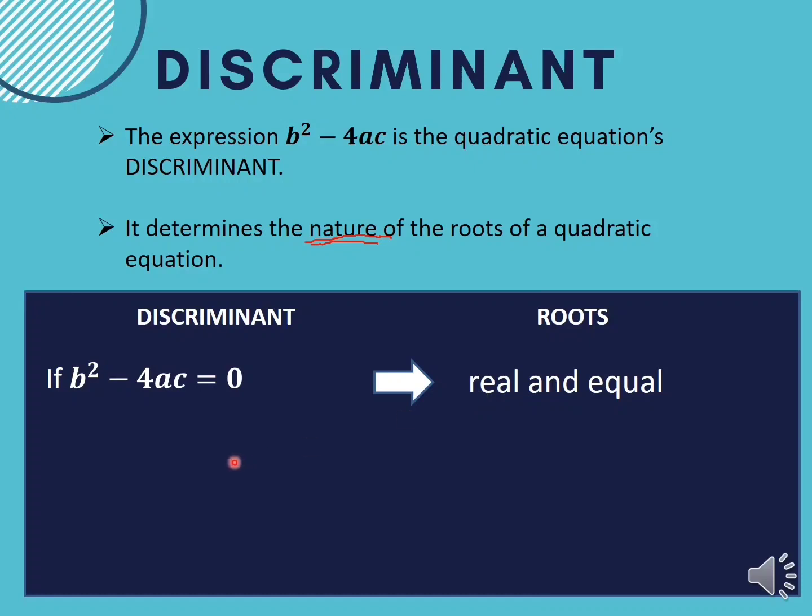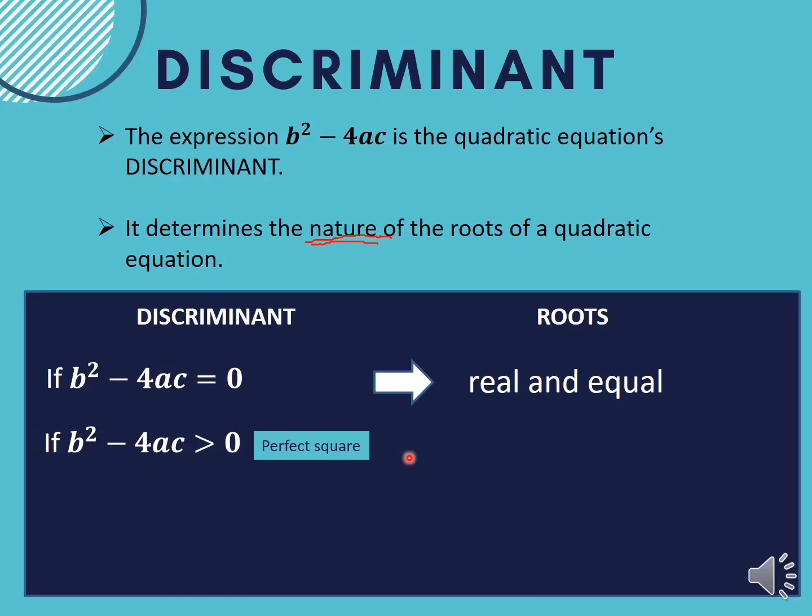Now, if b squared minus 4ac, or the discriminant naman daw, is greater than 0, mas malaki kay 0, therefore, you can have two classifications. If it is greater than 0 and it is a perfect square number, ano-ano ba yung mga perfect square number? We can have 1, 4, 9, 16, 25, 36, 49, 81, 100, 121, 169, and so on and so forth.